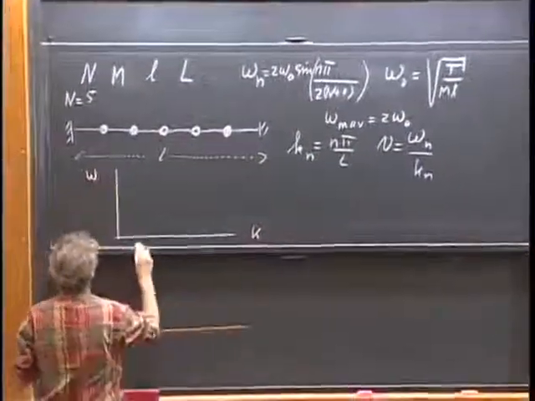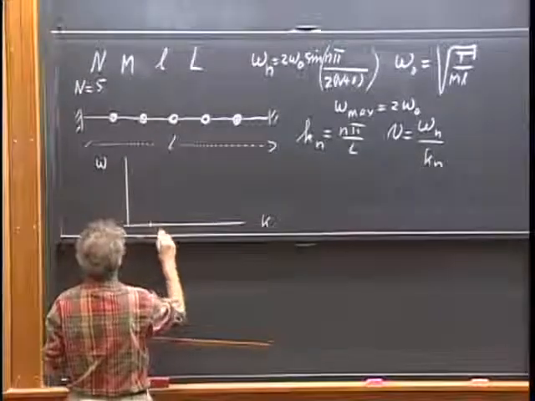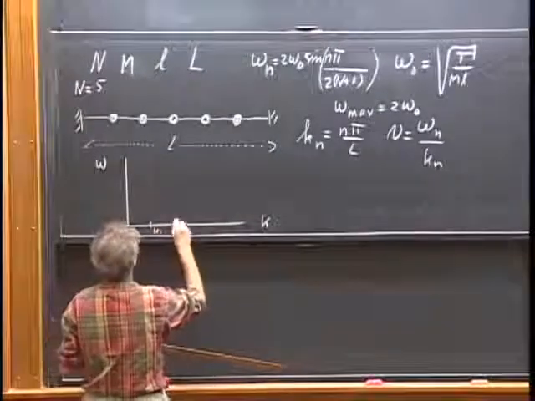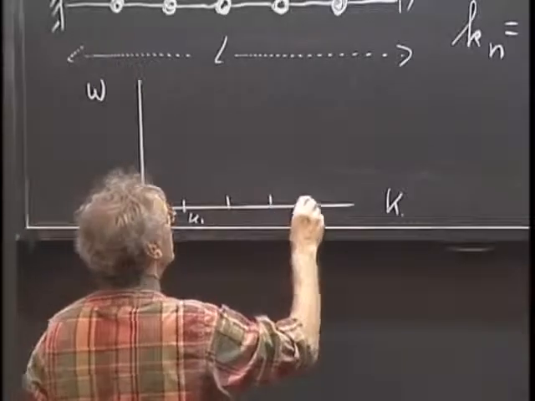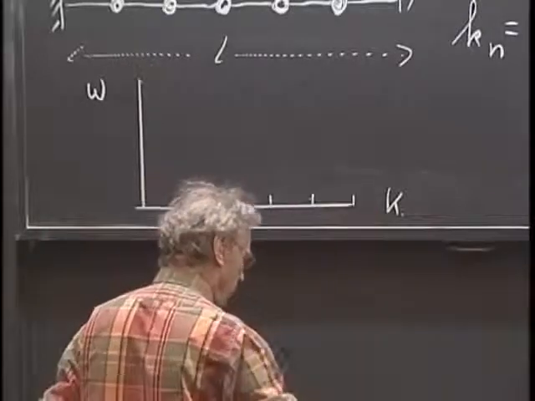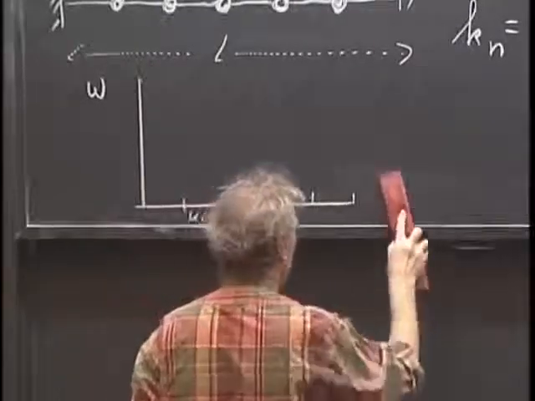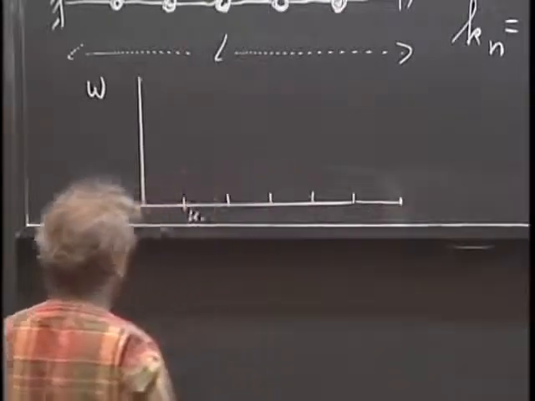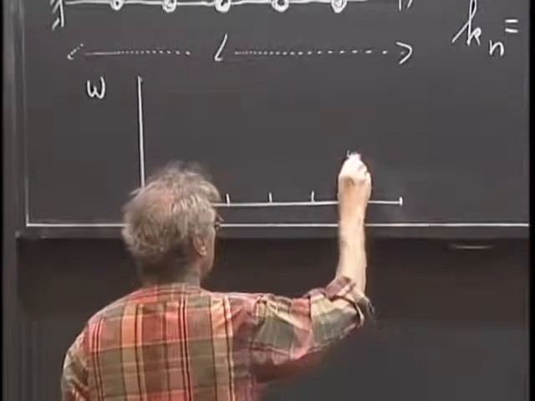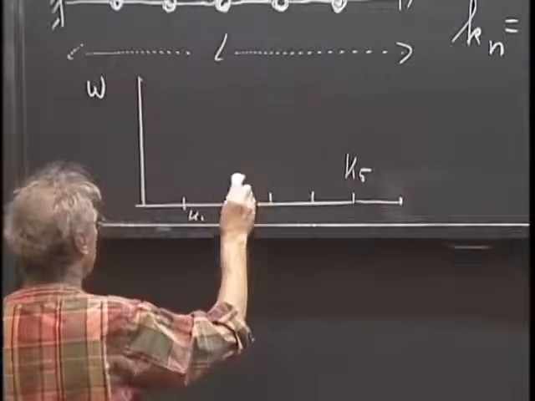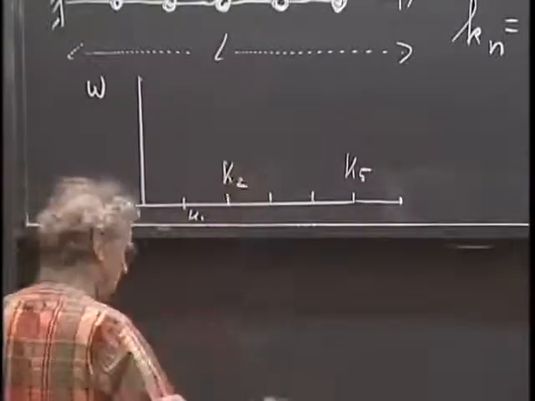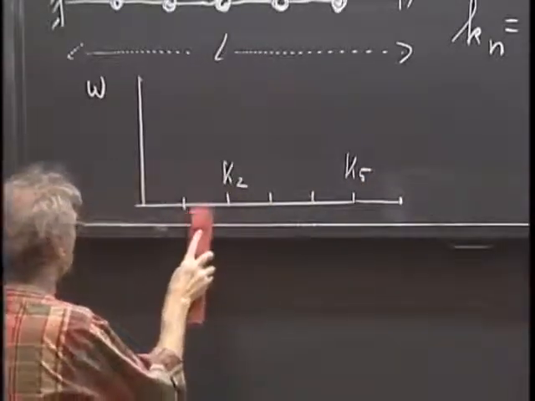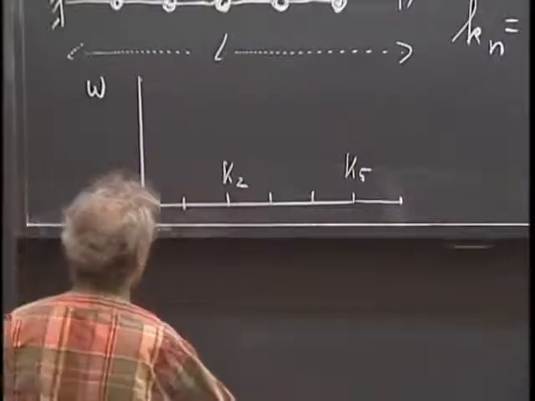This is k1, this is k2, k3, k4, k5. And then here is the end of the string. So this value here is k5, and this value here is k2. Those are those normal mode solutions.